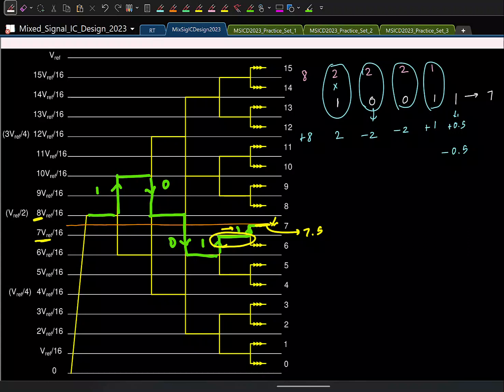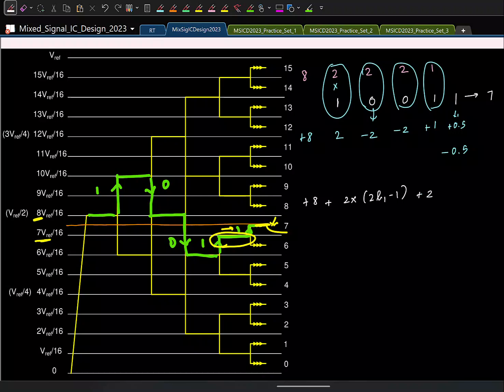So if I were to generalize this, the first step is always 8, and then 2 times. I either go up or down by 2 times. So that is basically 2 b1 minus 1. If b1 is 1, I'll do plus 2. If b1 is 0, I'll do minus 2. Okay.